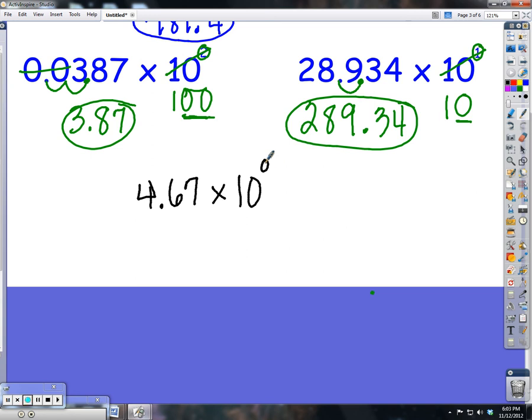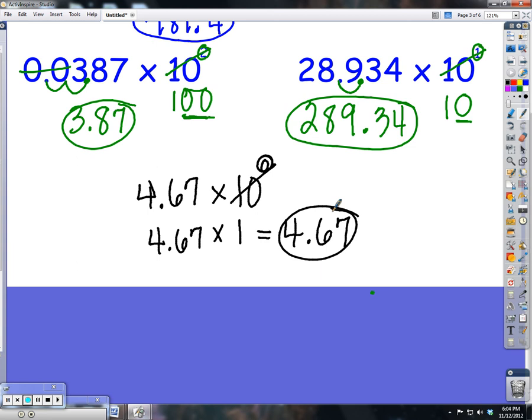Okay, 10 to the 0 power. This is a 1 with 0 zeros. So 10 to the 0 power is actually 1. So we multiply 4 and 67/100ths by 1. Well, once again, there's the identity property. So the answer would be 4 and 67/100ths.